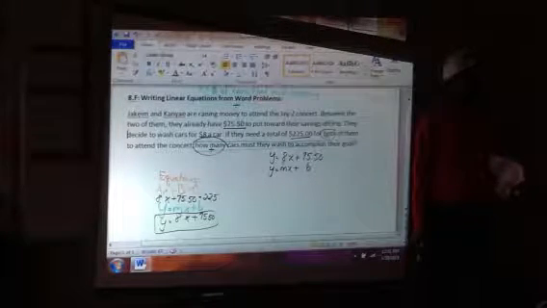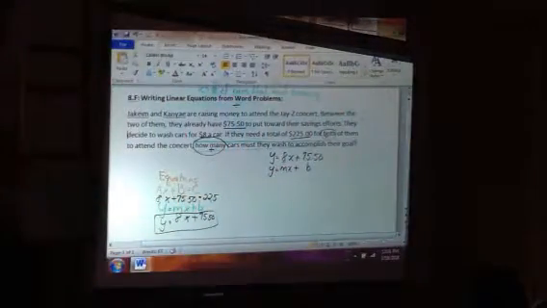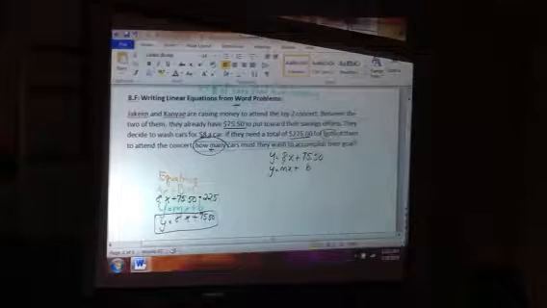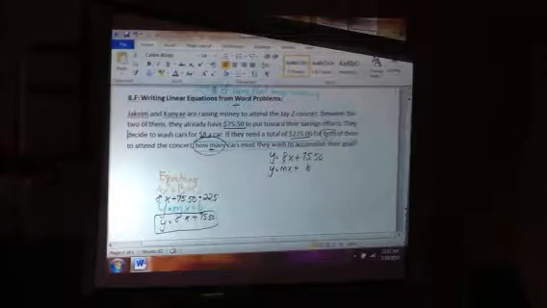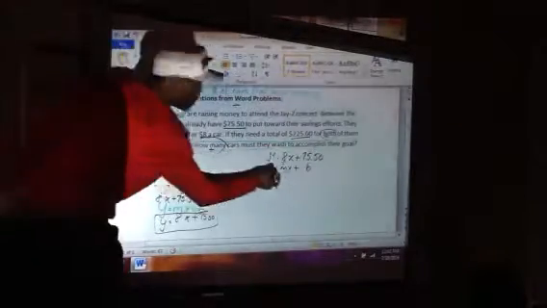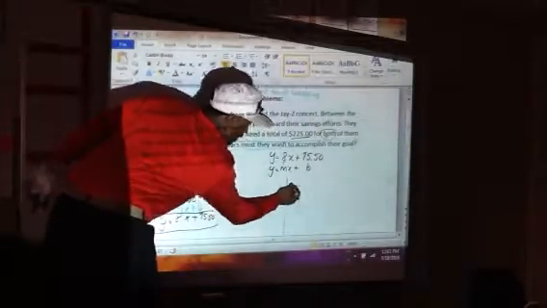Don't worry, I'm going to show you. But before I get there, I can get precise points to plot by making a T-chart first. Instead of plotting 0, 75.50, then going up 8 over 1, up 8 over 1, get some points so you'll know exactly what you're plotting.